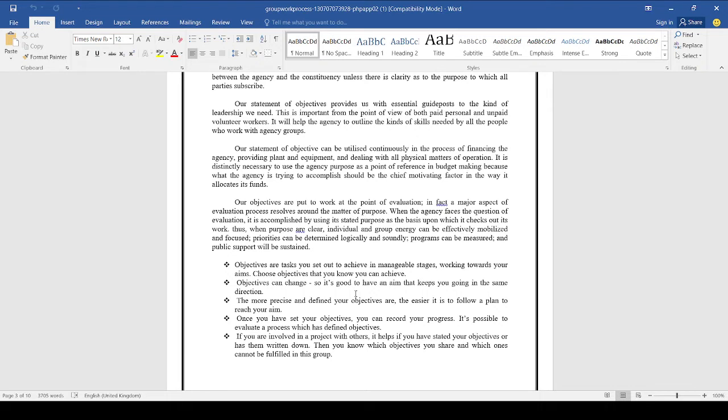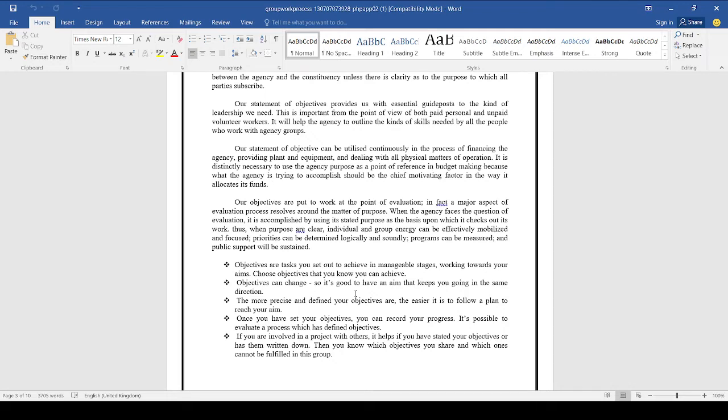If we have a joint consultation with other agencies, clearly written down objectives will help you. You know which objectives you share and which ones cannot be fulfilled in this group.